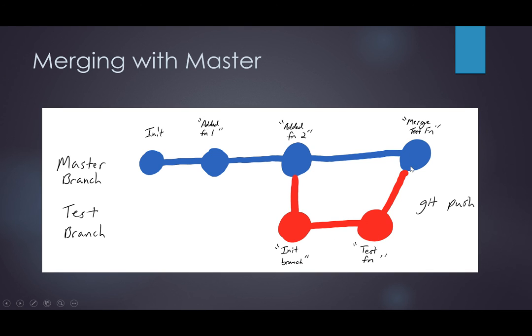Typically, on your master branch, you'll only be wanting to pull changes. You generally don't want to push directly to master, so this is like a bad example. But this test branch, once it makes the final commit, can push to master. So now master also has test function. So it's caught up to speed.